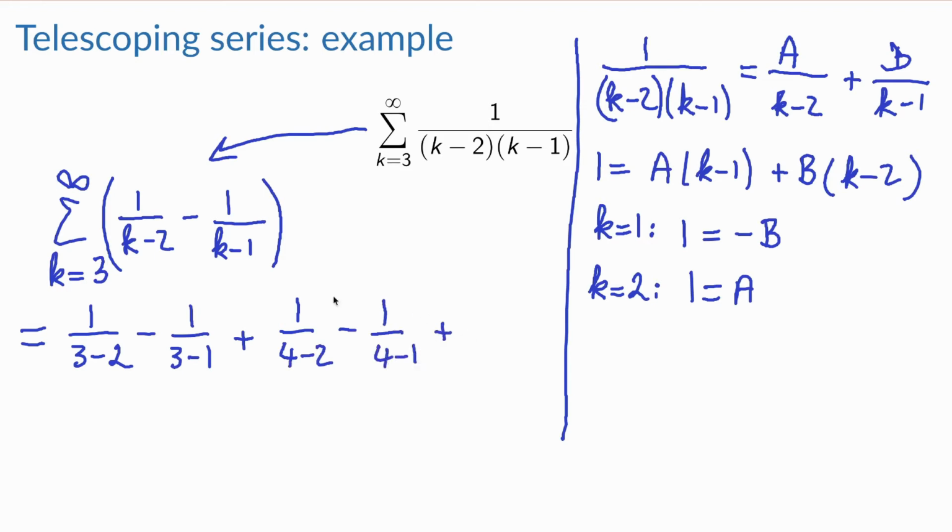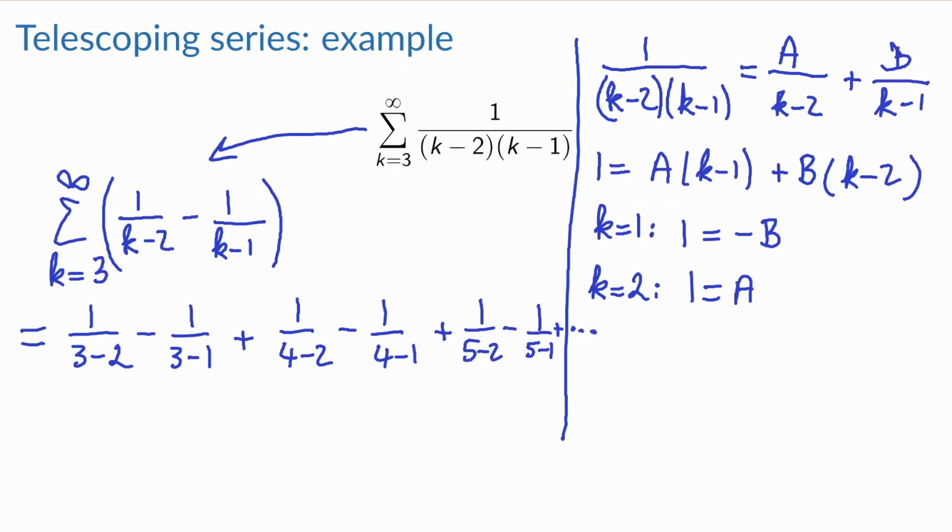And then plus, when k equals 5, we get 1 over 5 minus 2 minus 1 over 5 minus 1, and so on and so forth.